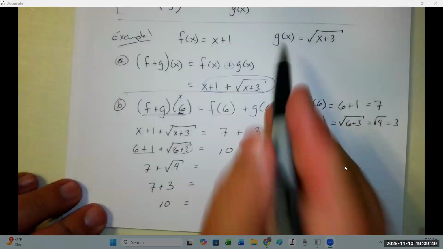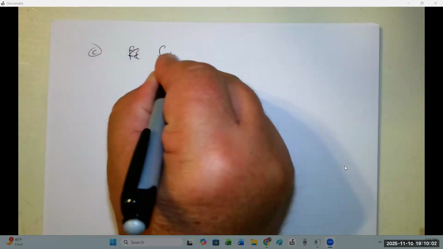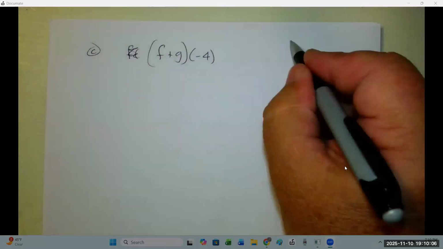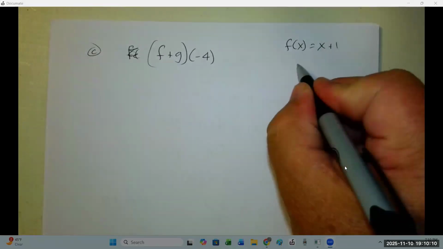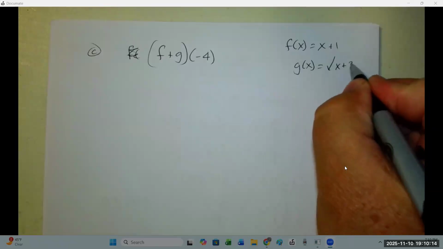Okay, using the same f and g, let's put -4 inside there. So we have f plus g of -4. Remember, f of x is x plus 1. g of x is the square root of x plus 3.